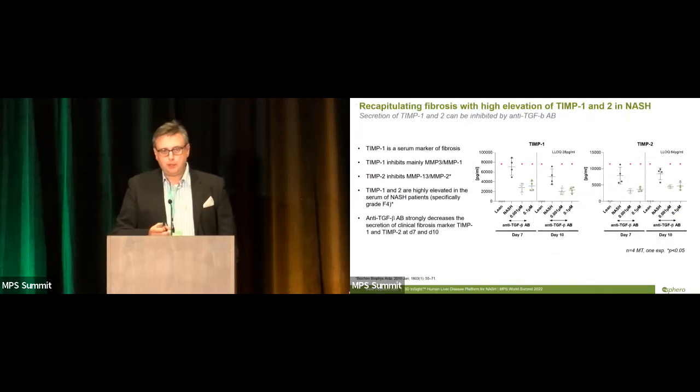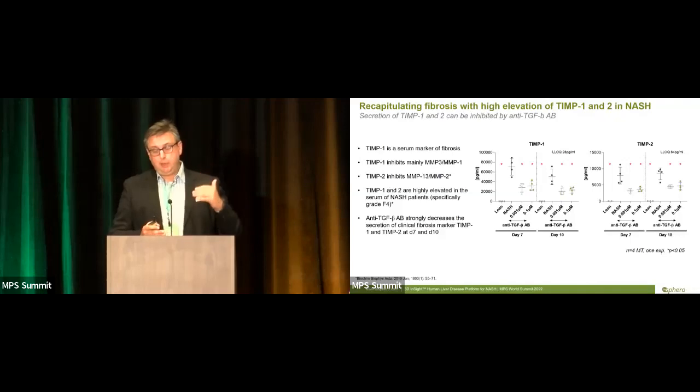On the next slide, you see the same quantification now for tissue inhibitor of metalloproteases, TIMP. So you get a lot of data from this complex model over time. The TIMPs are very important in NASH. Typically in NASH patients, the TIMPs are upregulated. The TIMPs then inhibit the MMPs, and the MMPs are necessary to break down extracellular matrix molecules.